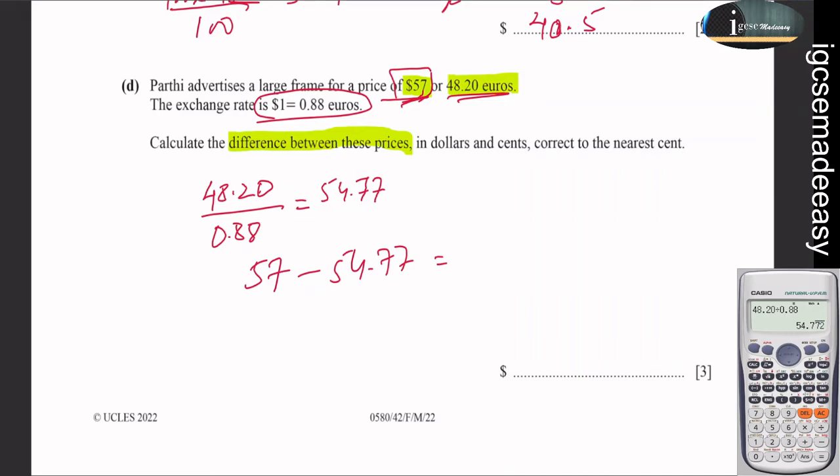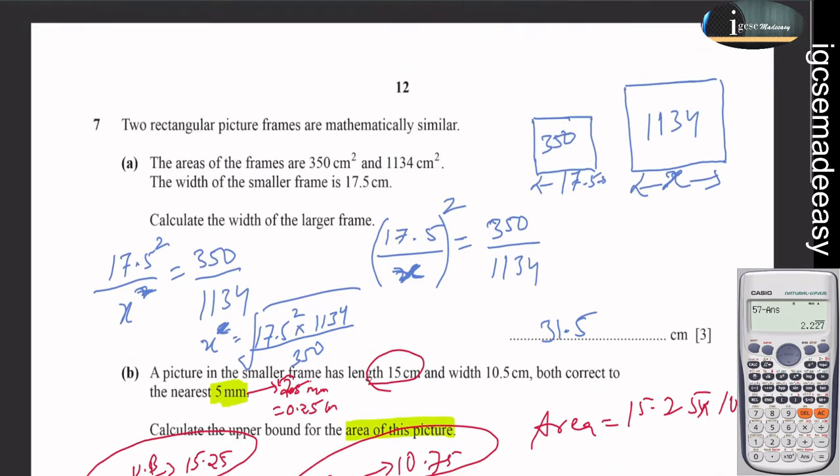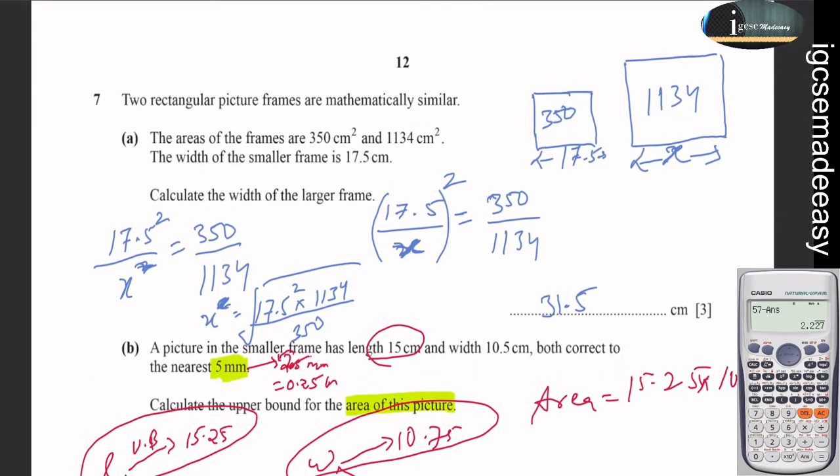The difference is 57 minus the answer, which gives you $2.22, right? So the difference is $2.22. Okay, let's do the next question.